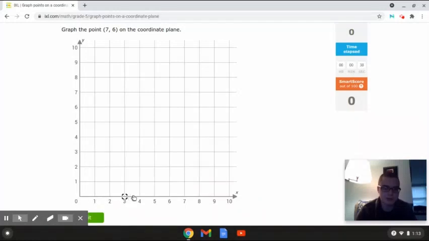So we're going to go across for the x-axis for 7, that's here, and then we're going to go up by 6 for the y-axis, so that is here. So this is the graphed point for 7, 6 on the coordinate plane, and that is how to solve this problem. I'm going to be doing one more with you guys.